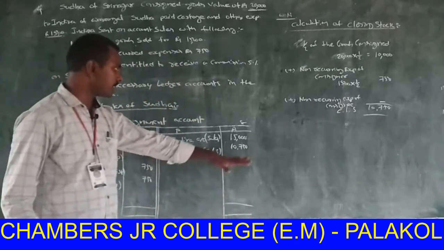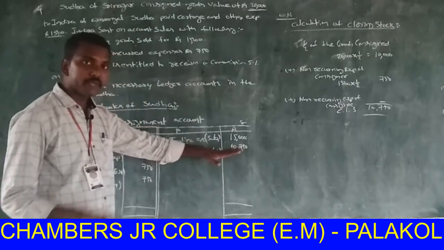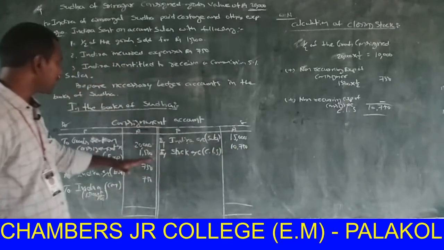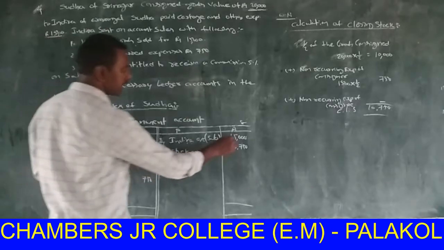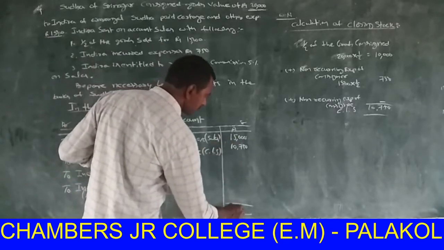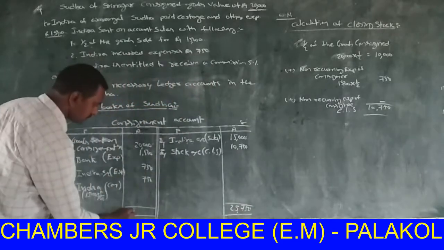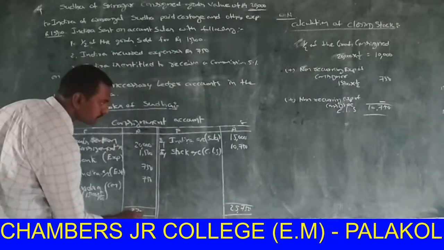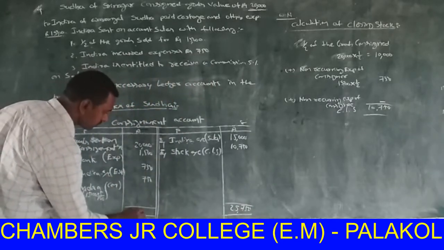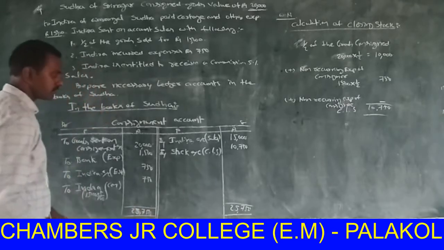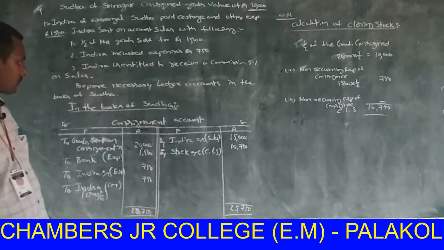Now the total of the credit side is bigger than the debit side. So the total is 25,750 on both sides.